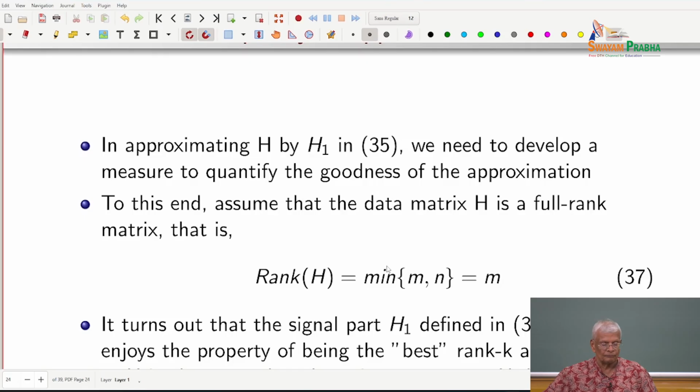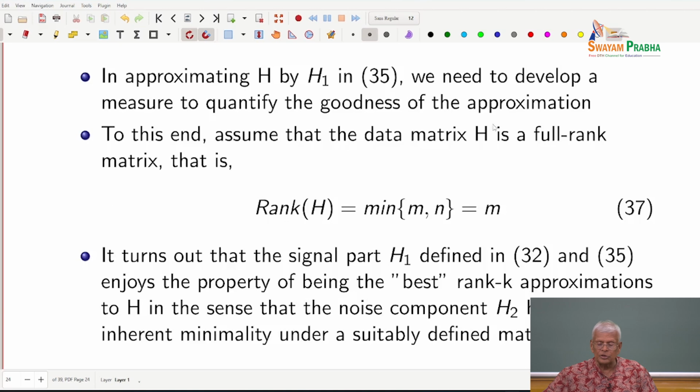Again, to this end, we assume that the data matrix is full rank. Please understand, the data matrix H is equal to either x, x tilde or x hat. The centering and normalization does not change the rank.